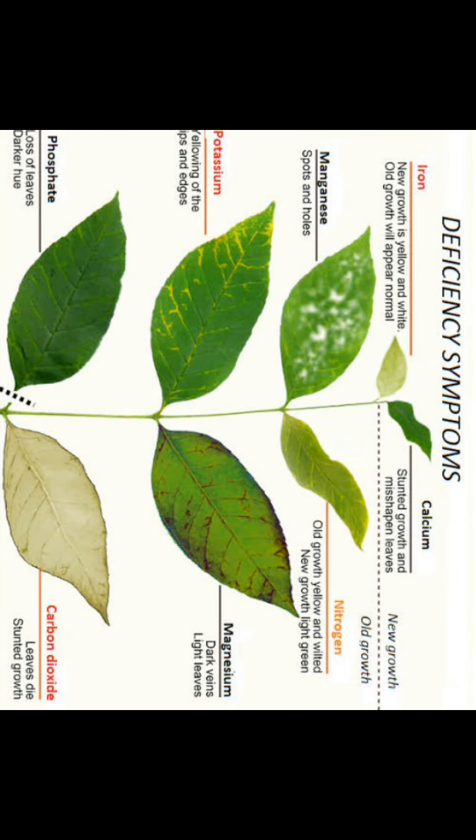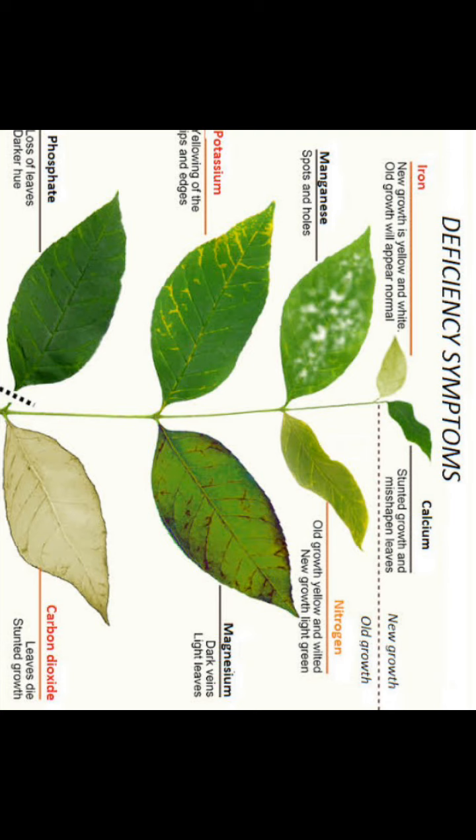And since each element has one or more specific structural or functional roles in plants, in the absence of any particular element, plants show certain morphological changes. You can see those morphological changes on the screen right now, the way the leaf undergoes different color variations.